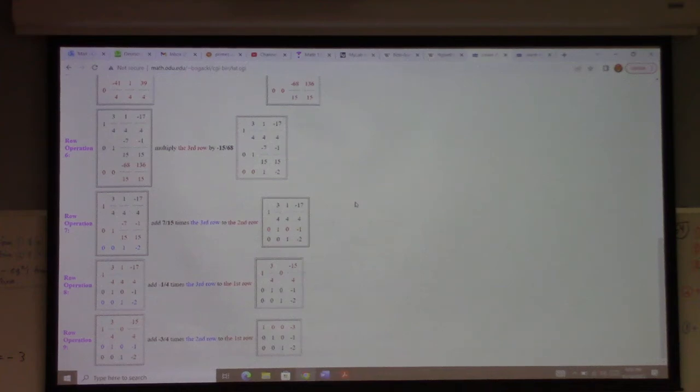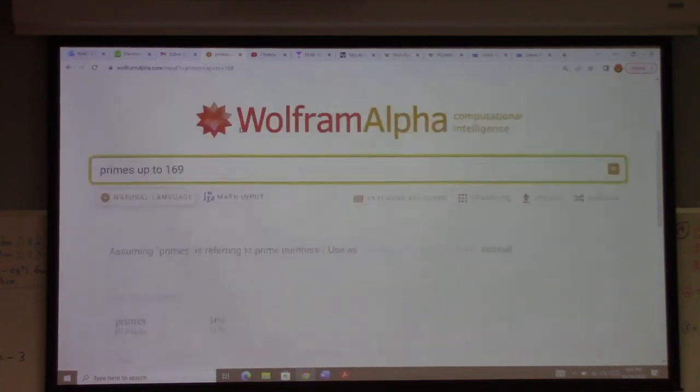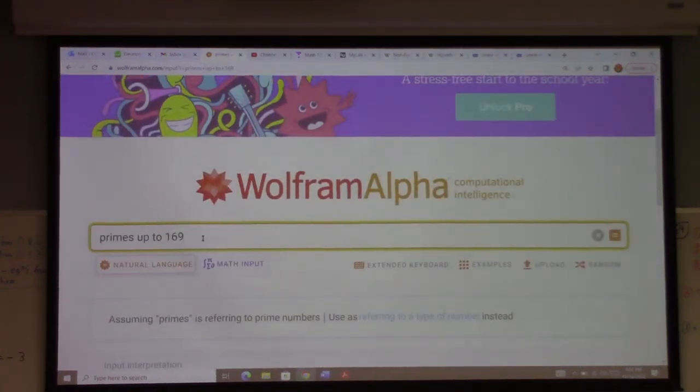So you can check your answers with this. It also does 2 equations and 2 unknowns if you really want. And if you're going to use Wolfram Alpha to check your answers, do it like this. Check it out.